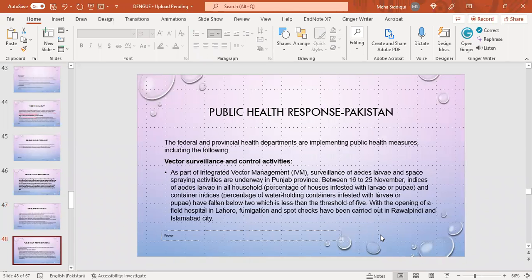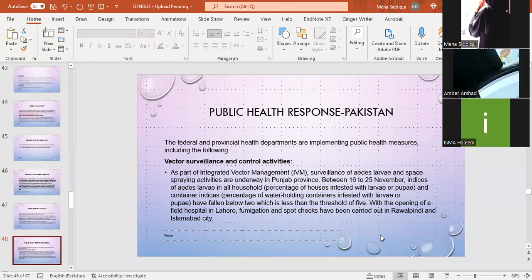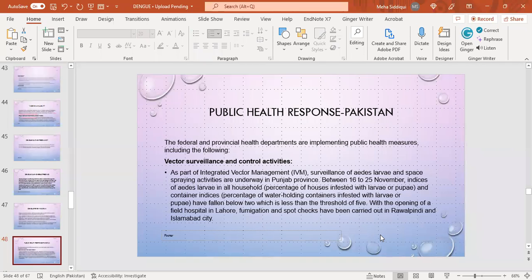Public health response in Pakistan. The federal and provincial health departments are implementing public health measures, including vector surveillance and control activities. As part of integrated vector management, surveillance of Aedes larvae and space spraying activities are underway in Punjab province. Between 16 and 25 November, indices of Aedes larvae, the percentage of households infested with larvae and pupae, and container indices have fallen below 2, which is less than the threshold of 5.